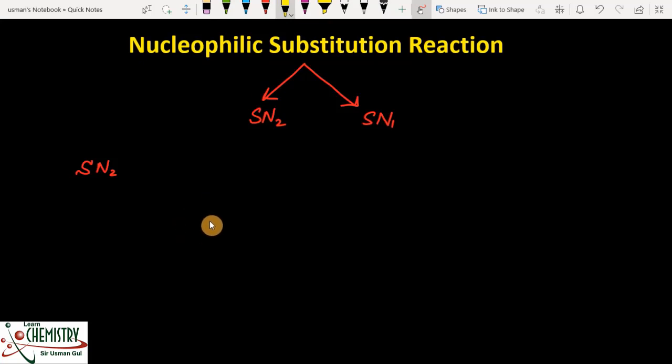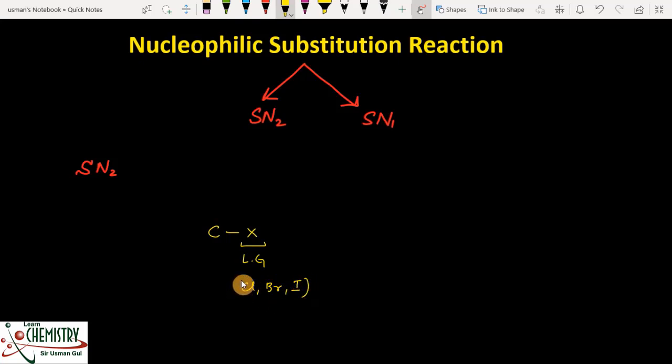For that, first I will draw the structure of the alkyl halide. Let's suppose a carbon is bonded with a halogen, and right now I am just representing the halogen as X, and we can also call this the leaving group because during the reaction this halogen gets removed. In place of this X there could be chlorine, bromine or iodine.